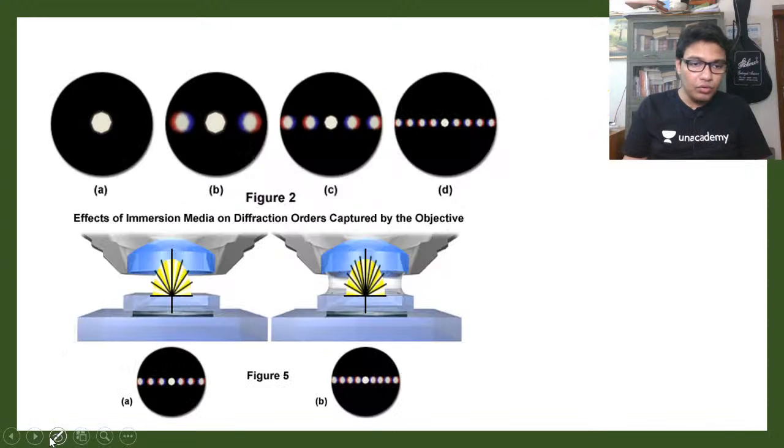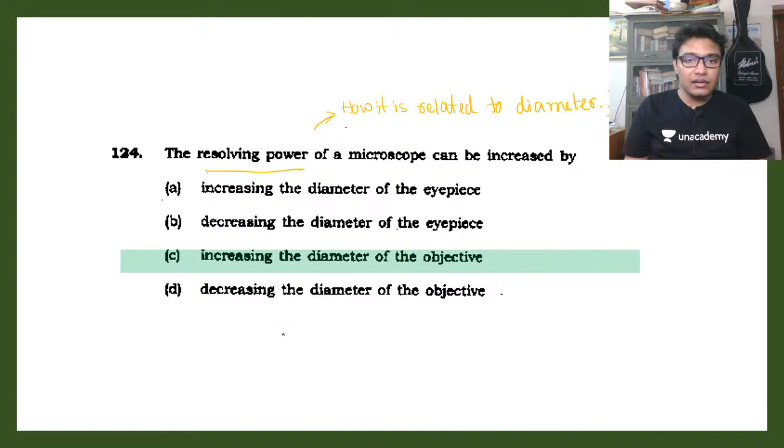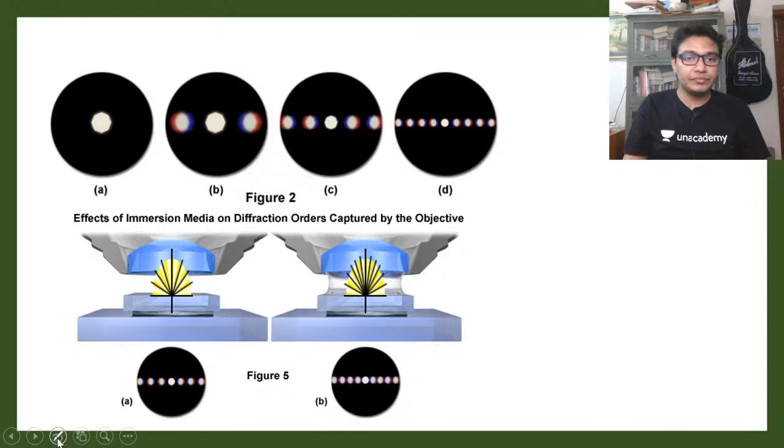So somehow it says that resolving power is proportional to the diameter of the objective. Why is it so? Let's see that.